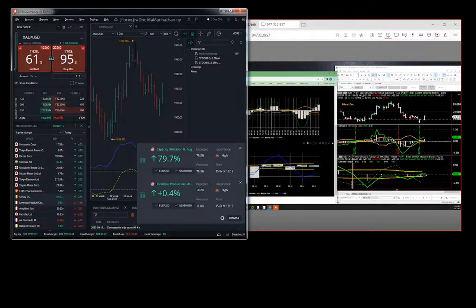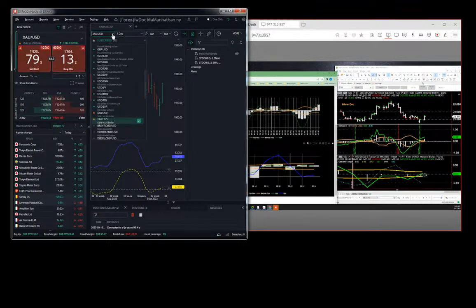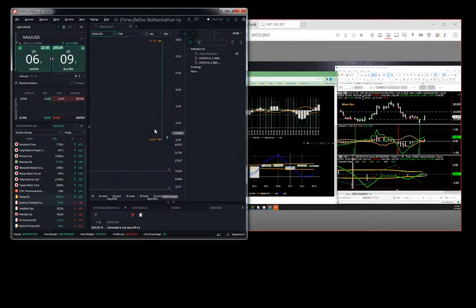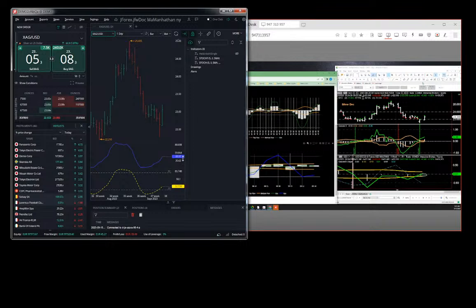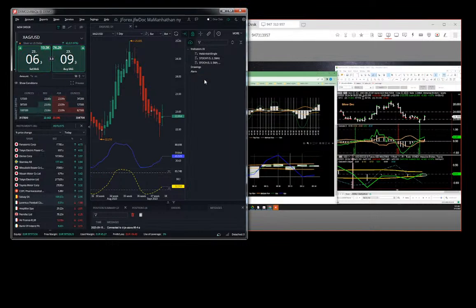Let's put it up on Dukascopy now. There's silver on Dukascopy right there. And you can see here the fast is at 45, the slow is at 32. That's the daily, and it's pushing up. Let's put the Hinky back on again. There's the Hinky. And you see the green developing there for the daily. And then let's go over and take a look at it on a weekly basis.